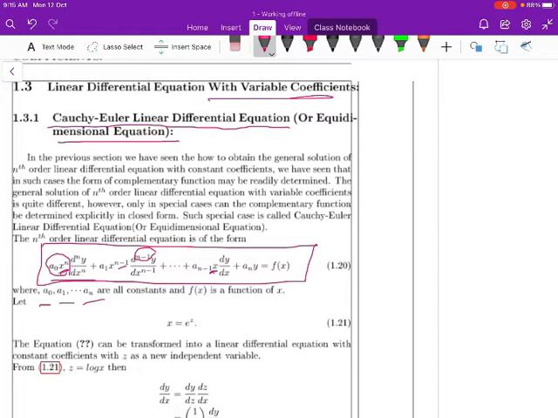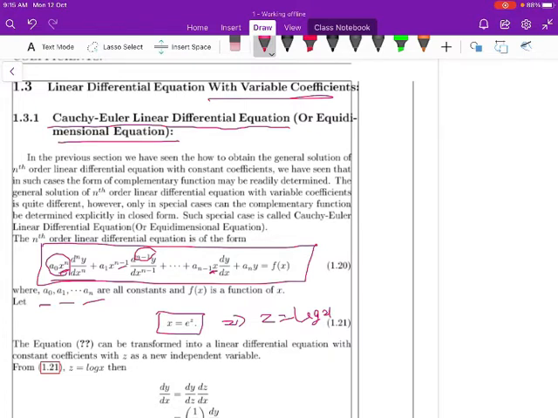So this is the equation where variable coefficients are there. We can convert the linear differential equation with variable coefficients into the linear differential equation with constant coefficients by taking the transformation x is equal to e power z. This implies z is equal to log x.